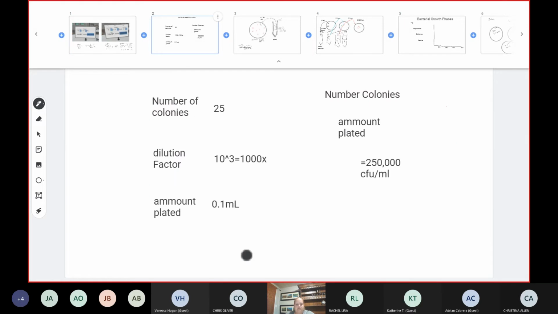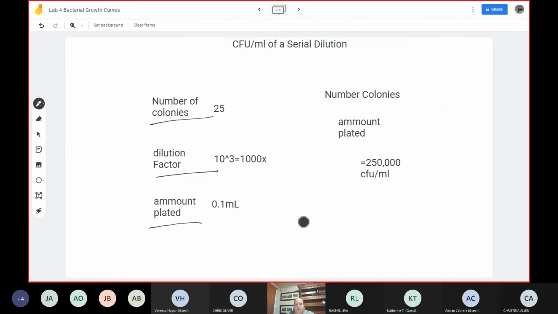So if, for example, you were given a question that gave you the number of colonies on a plate, the dilution factor, and the amount plated, can you actually set up that equation? So what we were just talking about, you would have your number of colonies, so you would have 25 divided by your amount plated, 0.1, and you would multiply that by your dilution factor.